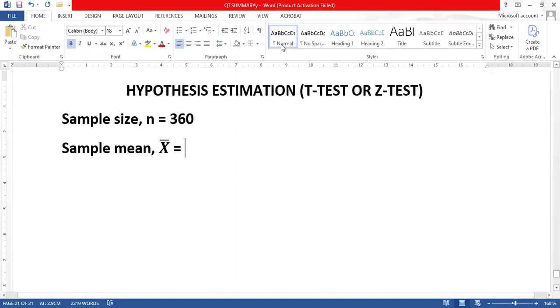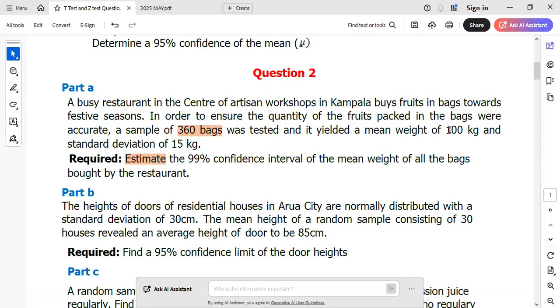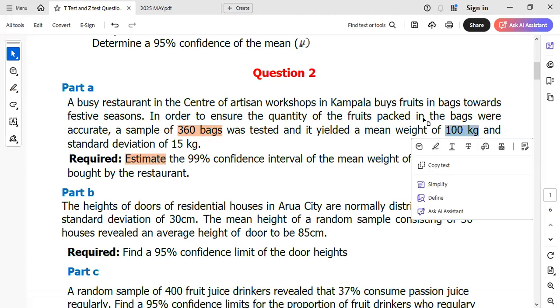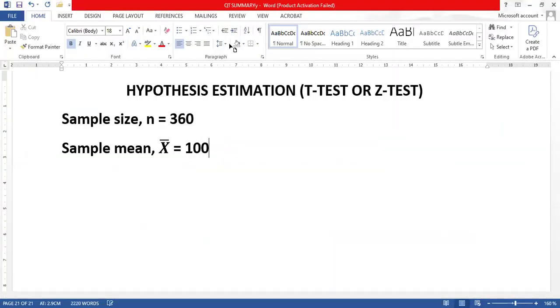What is the sample mean given in the question? The sample mean given in the question is 100 kgs.